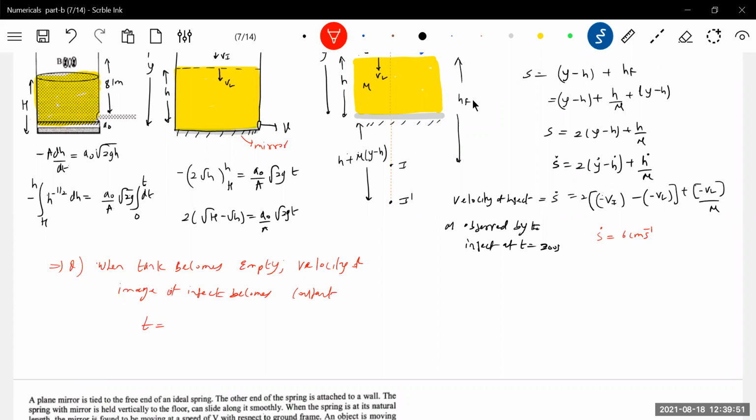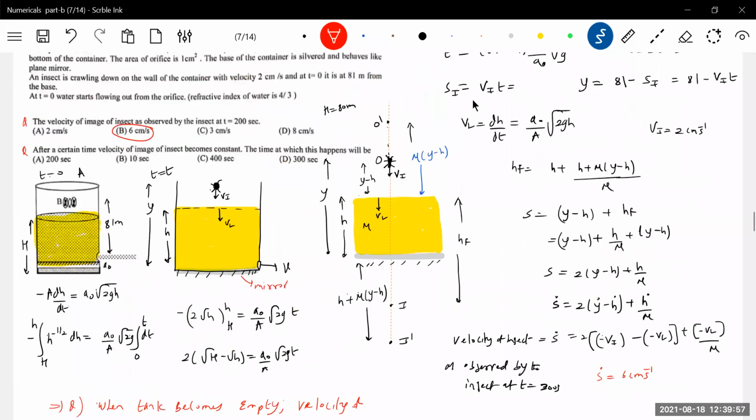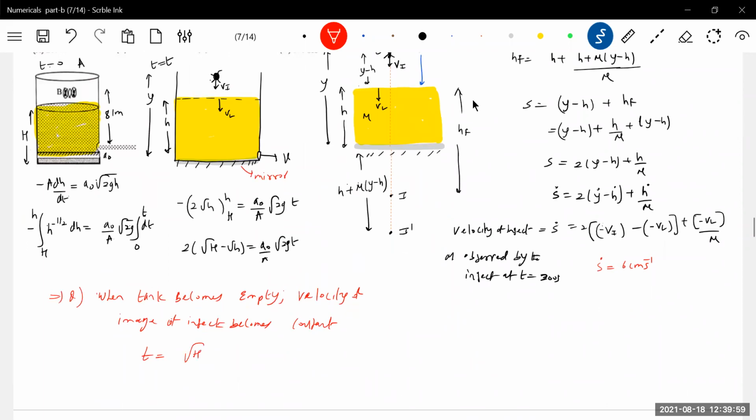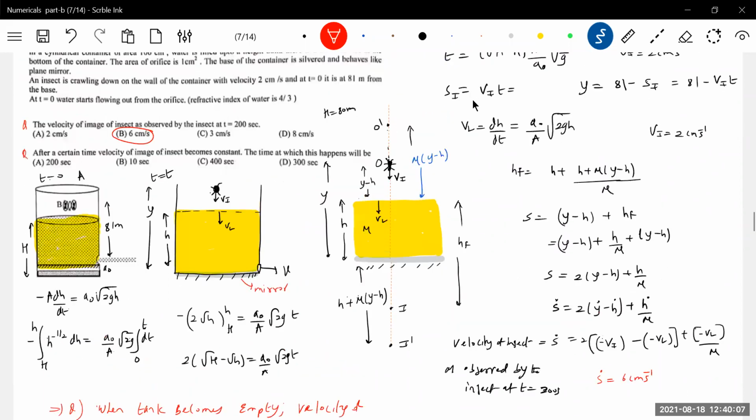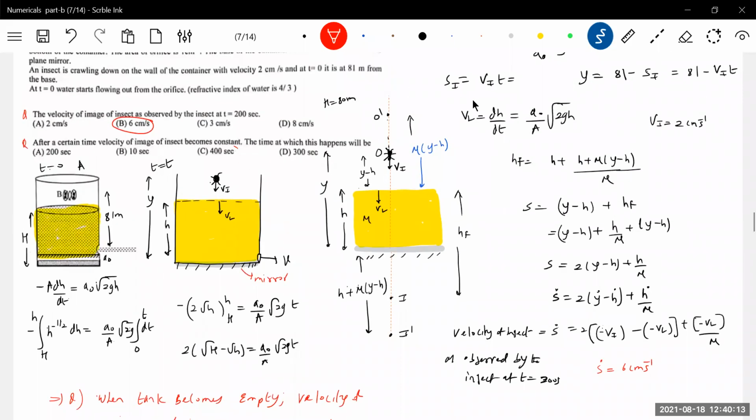That time you can calculate. Here we have the equation for root h, a by a naught. And the answer will be this one.